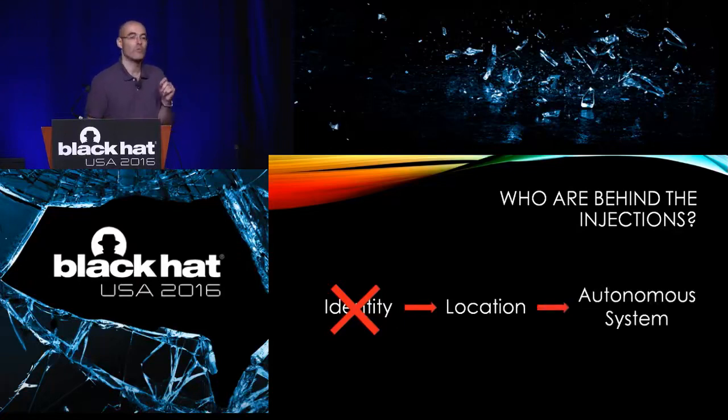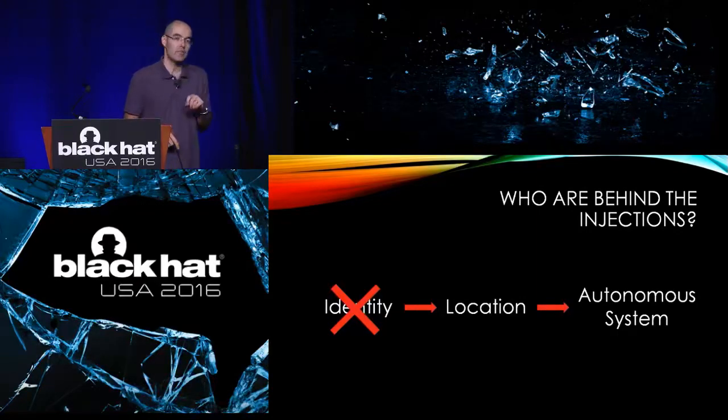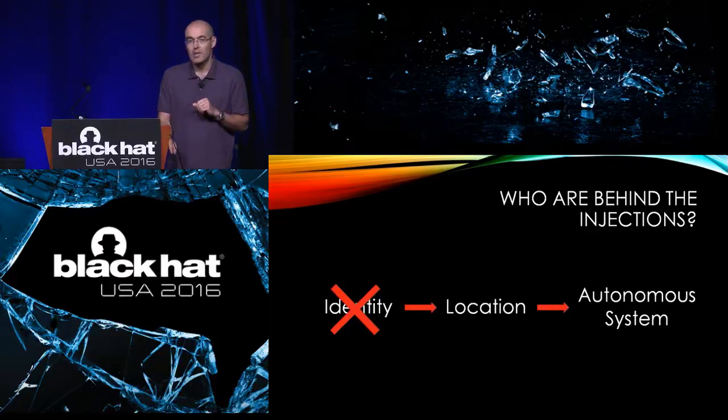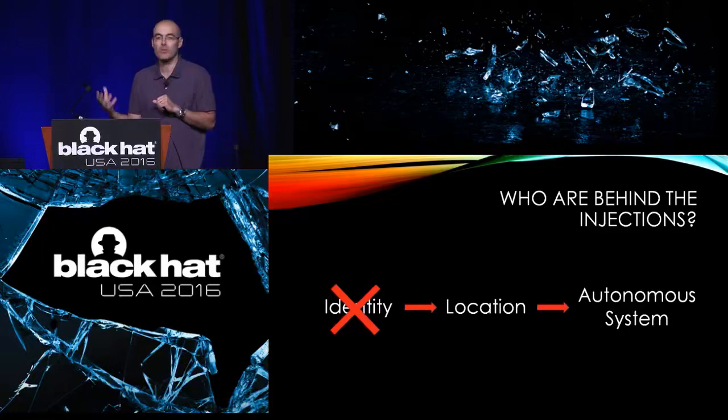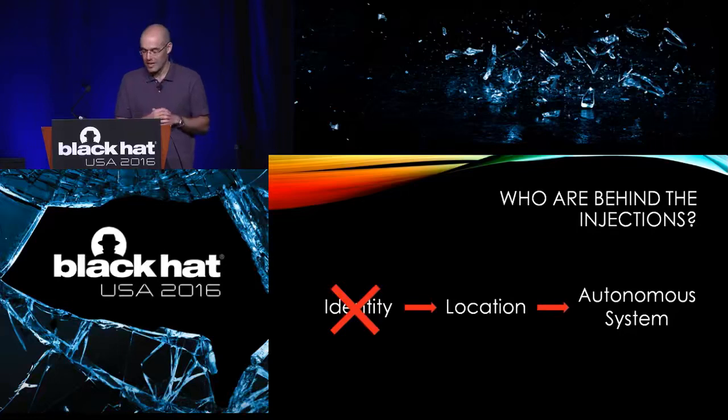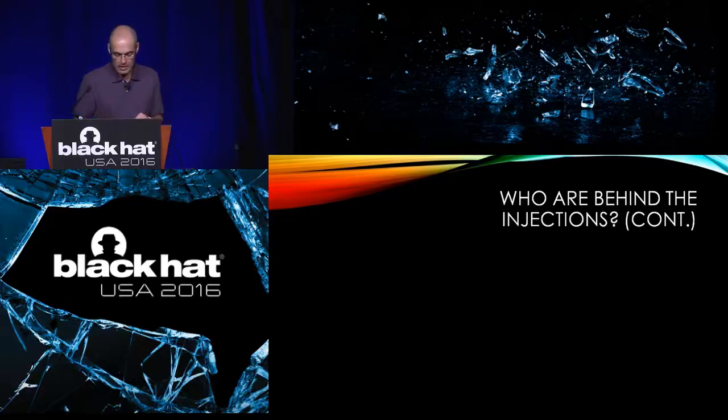More specifically, we tried to identify the autonomous system from which the injected packet was triggered. By identifying the autonomous system, we can identify the entity that is responsible for the infrastructure from which the injected packet was triggered. And I remind you that all the injections were performed on path, meaning that the injector had access to the infrastructure. So the entity that is responsible for that infrastructure has to be responsible for the injections.